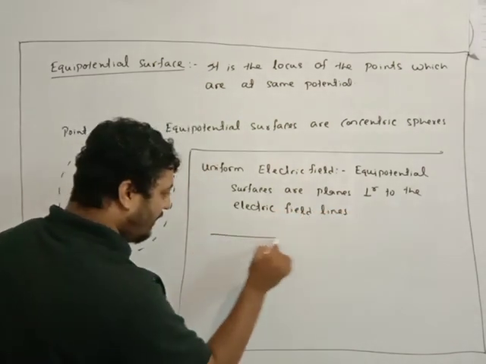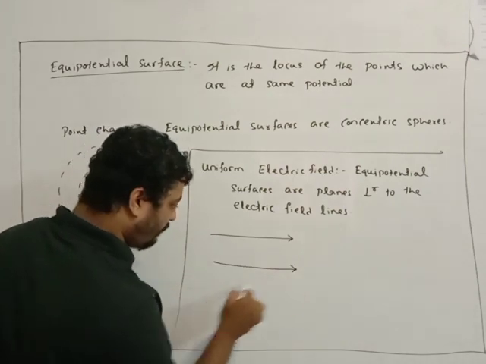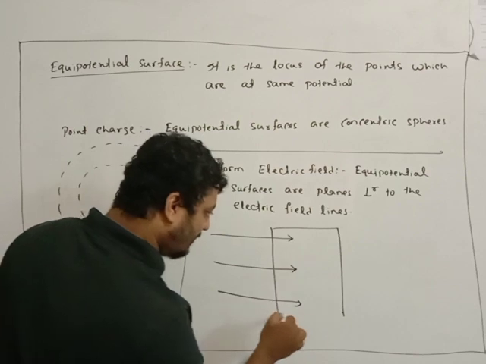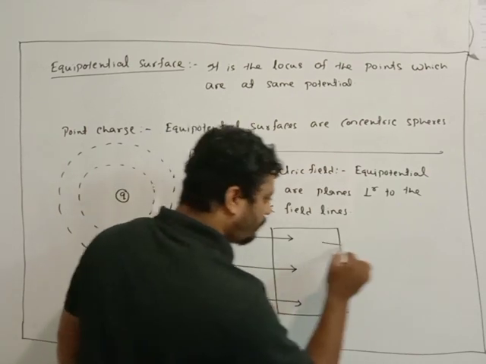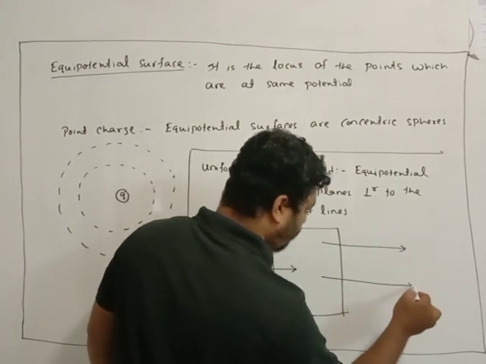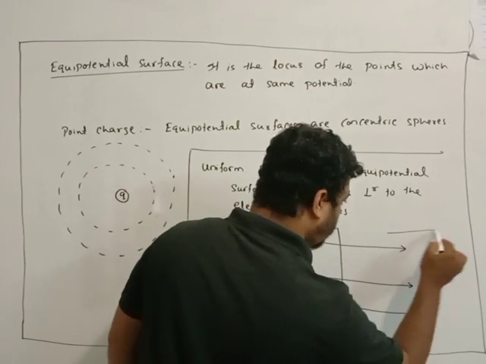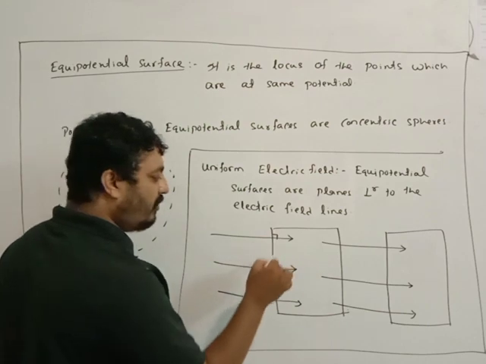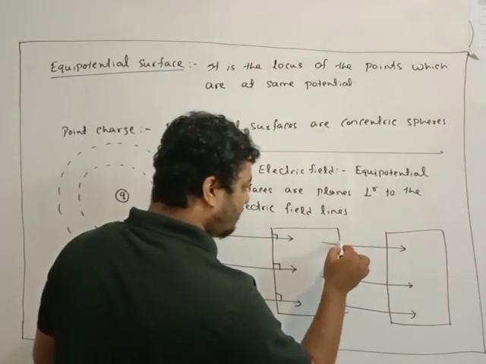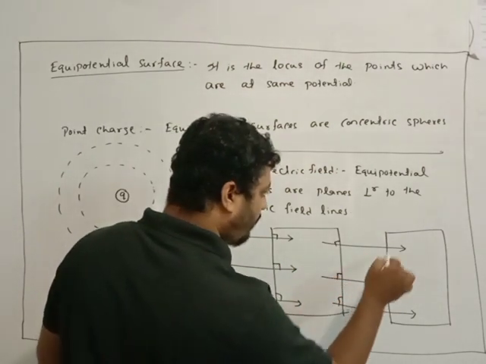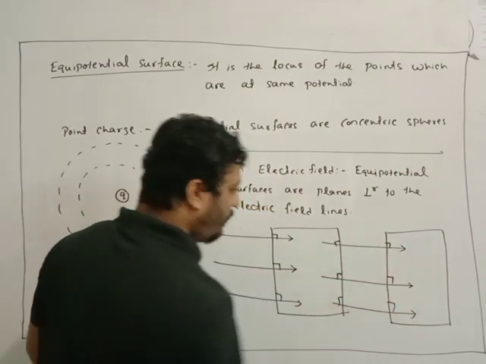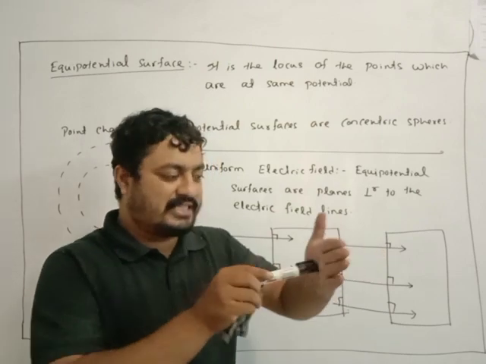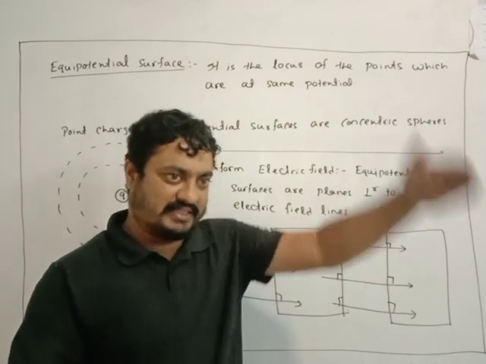For example, electric field is like this, then the equipotential surface are like this. So they are planes perpendicular to the electric field lines. So if electric field lines is like this, equipotential surface will be perpendicular planes.